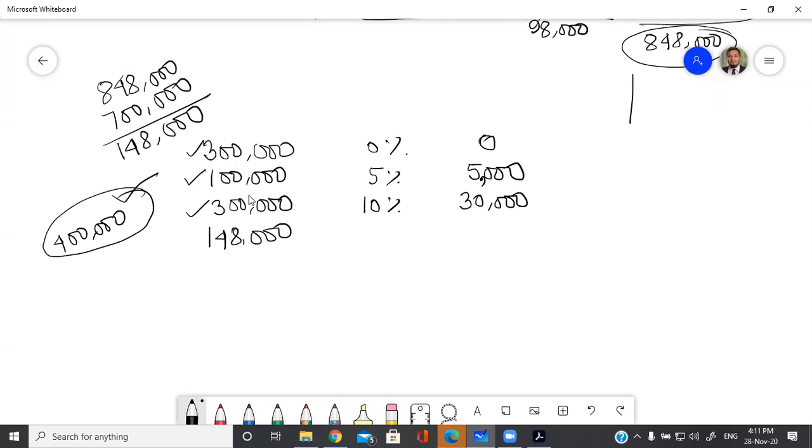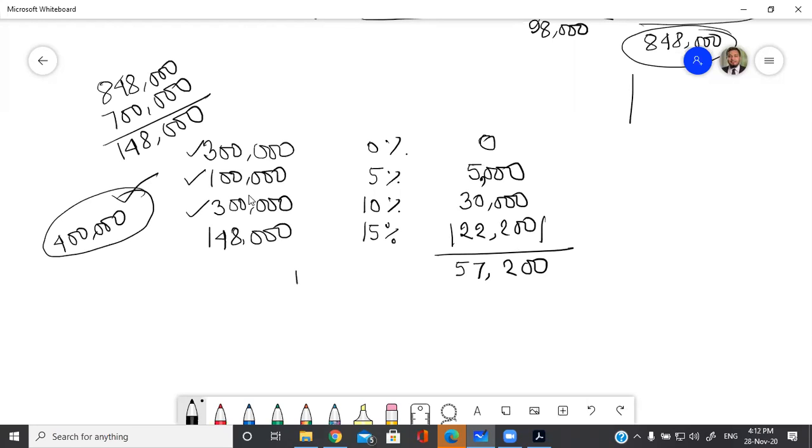This 400,000 slab. So what is the percentage for this slab? 15%. So what will be the amount here? 22,200. Okay, you can write the total tax liability in this way: 57,200, right?